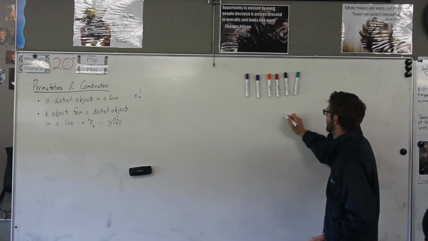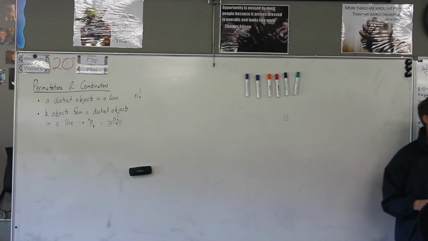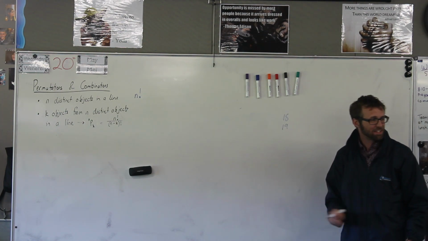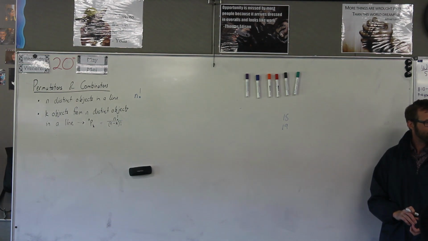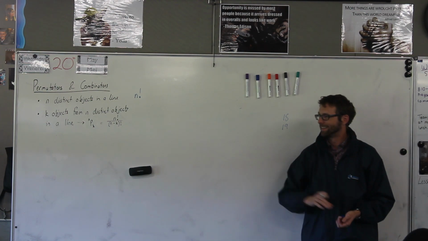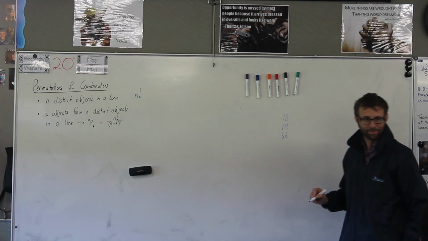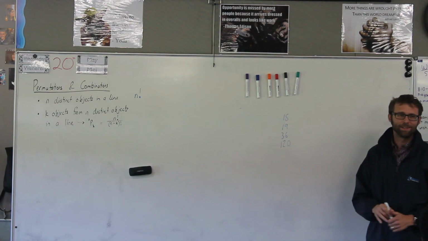Okay, thank you. What do you think? 19. Was that just a guess? I had an idea at first and then it ended up as a guess. Okay, good. 36. Griffin. 120. Good one. It's actually 120.